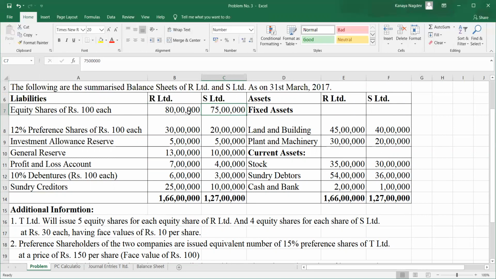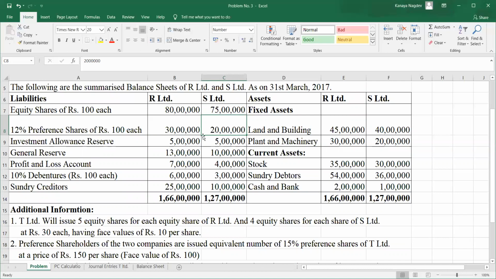So R Limited has 80,000 equity shares and S Limited has 75,000 equity shares. In case of preference shares, R Limited has 30 lakh divided by 100, that is 30,000 preference shares, and S Limited has 20 lakh divided by 100, that is 20,000 preference shares.